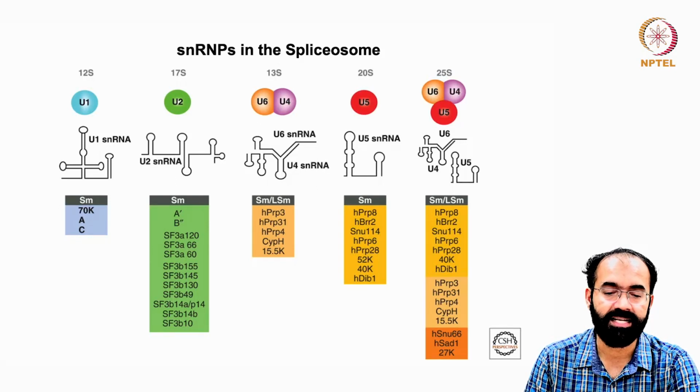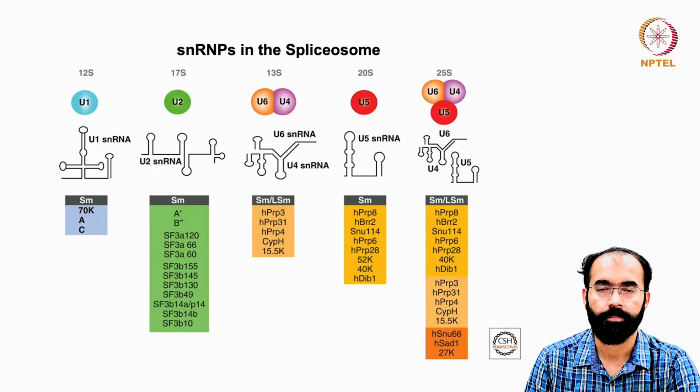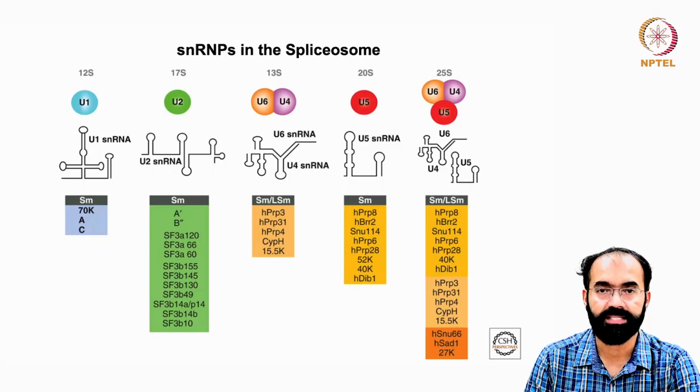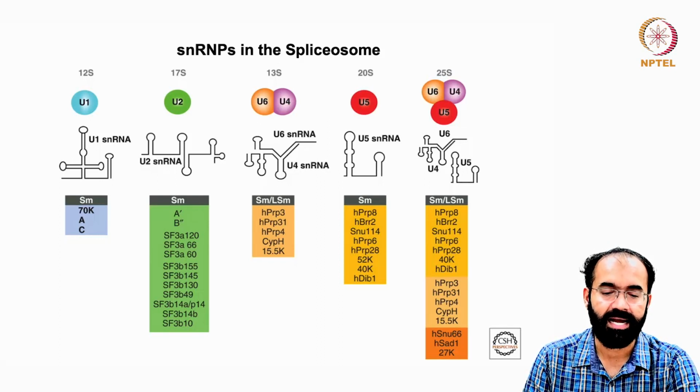And you have the 13S U6 U4 complex. As you can see here, it's 2 RNAs paired together, U6 snRNA and U4 snRNA. They pair, and of course they flip also, and we will see that in more detail in subsequent slides. They also have a bunch of proteins interacting.